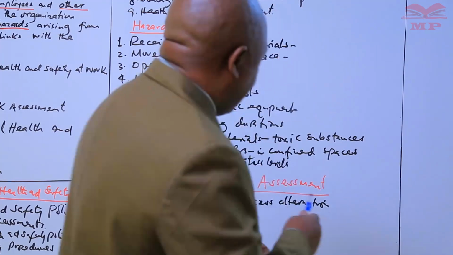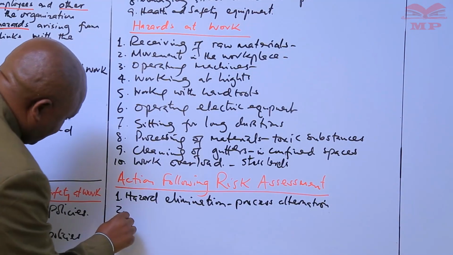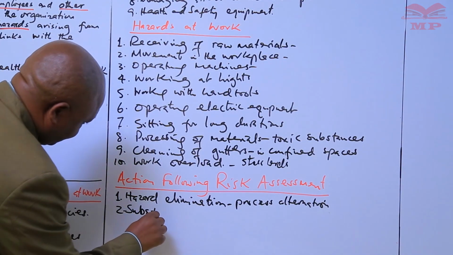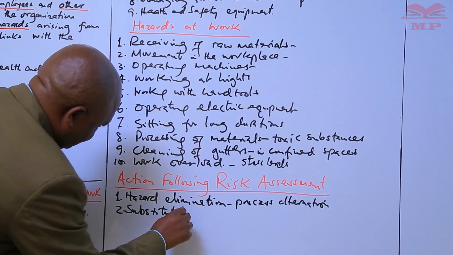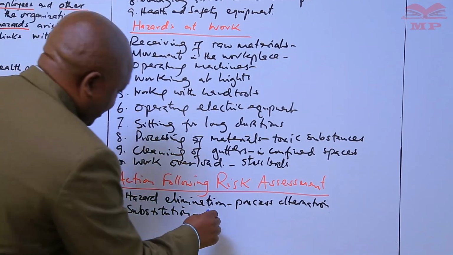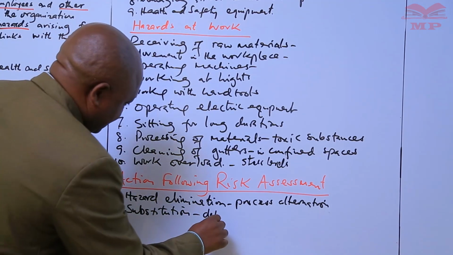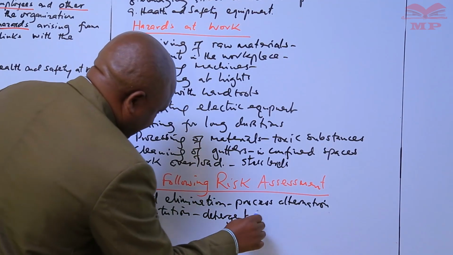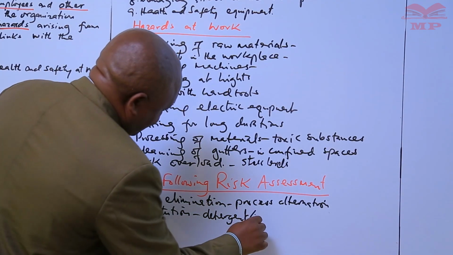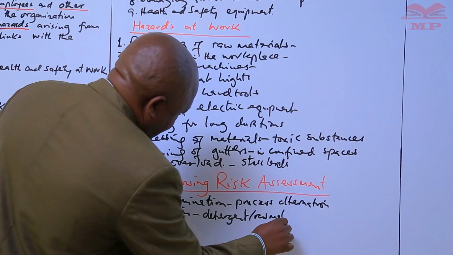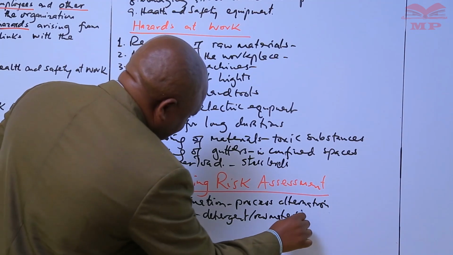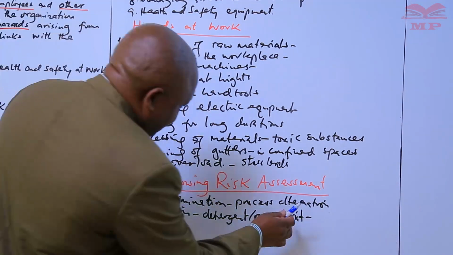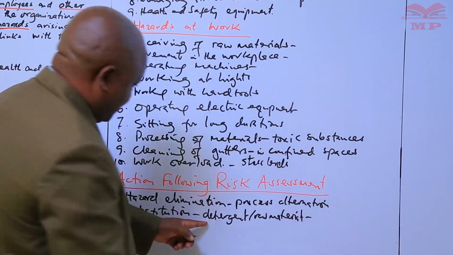Then there's the element of substitution. Now, supposing you are using a particular detergent or maybe a raw material, and you notice that this detergent is corrosive, for example.